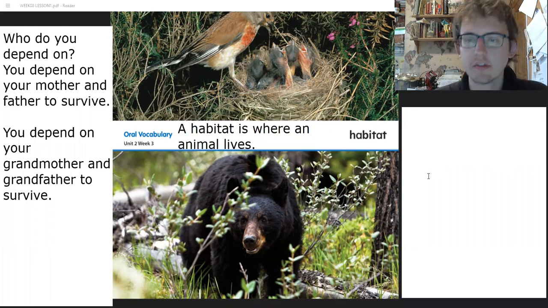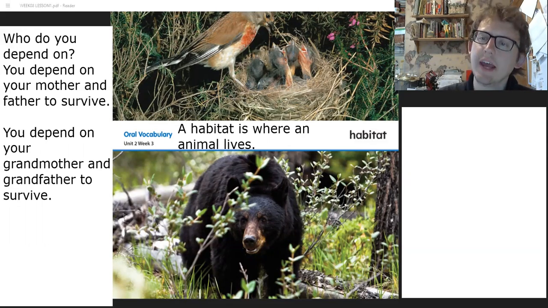Okay, so a habitat is where an animal lives. So maybe the habitat could be the forest, or maybe the habitat could be the city, or maybe the habitat could be, do you have any other ideas?